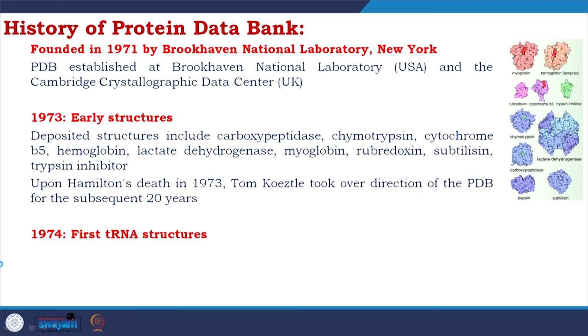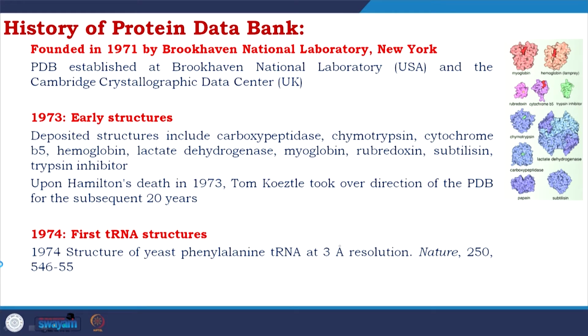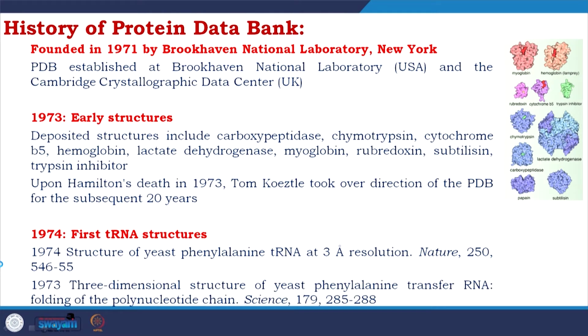In 1974, the first tRNA structure appeared. 1974, structure of yeast phenylalanine tRNA at 3 angstrom resolution published in Nature. In 1973, three-dimensional structure of yeast phenylalanine transfer RNA, folding of the polynucleotide chain, published in Science.